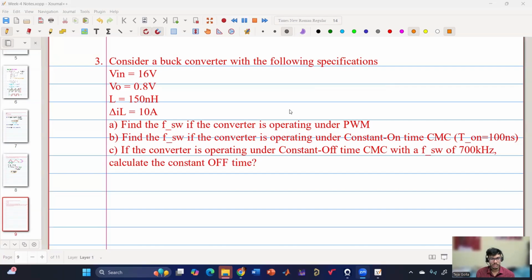If the question is clear, then maybe you can start solving. If it is not clear, then you can ask.